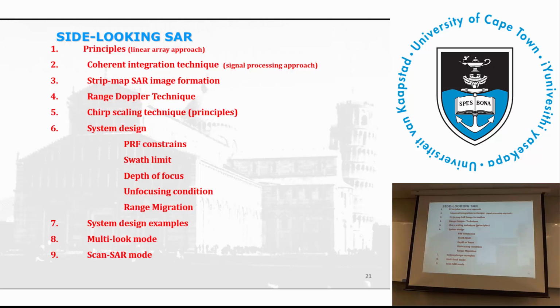And then we finish off with some multi-look mode to defeat speckle. Speckle is a typical noise that appears in SAR images. We'll learn what it is and then how to deal with it. And the last part will be ScanSAR mode, which is another mode for forming SAR images when very large swaths are required.